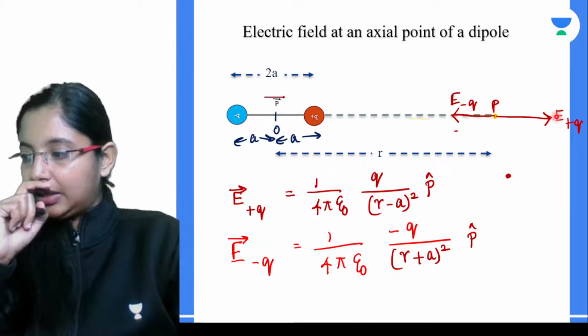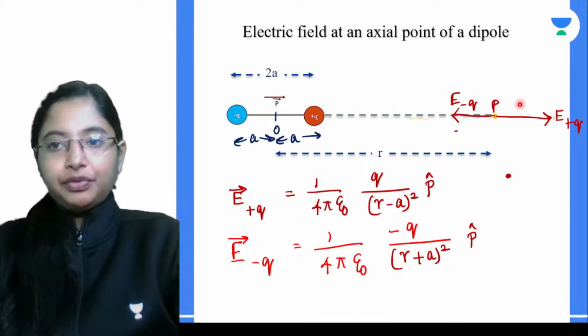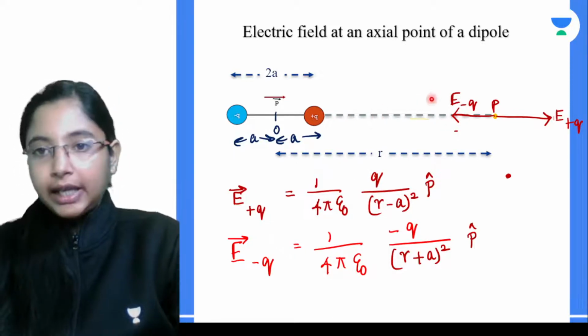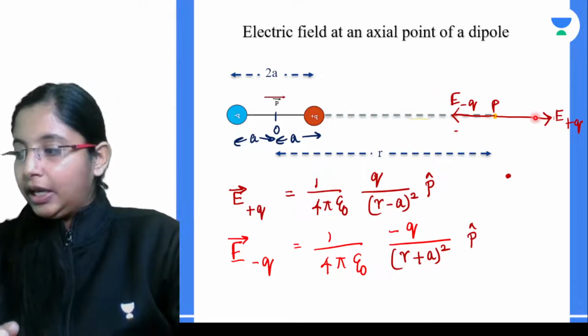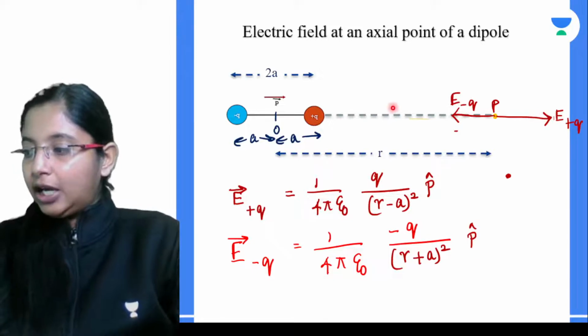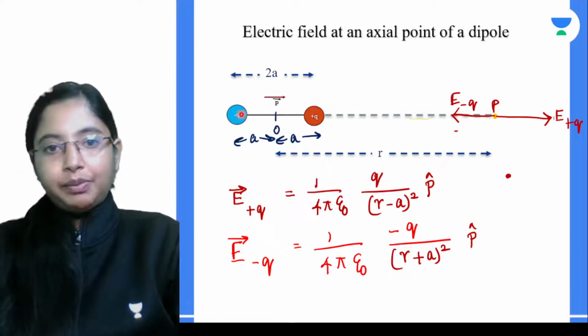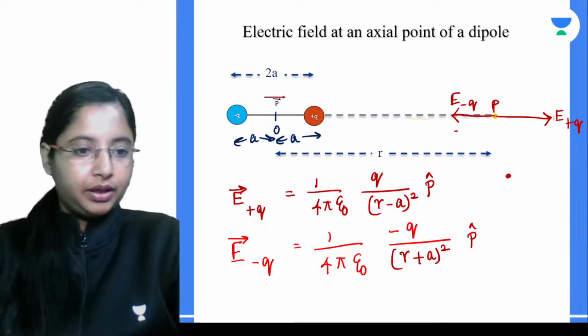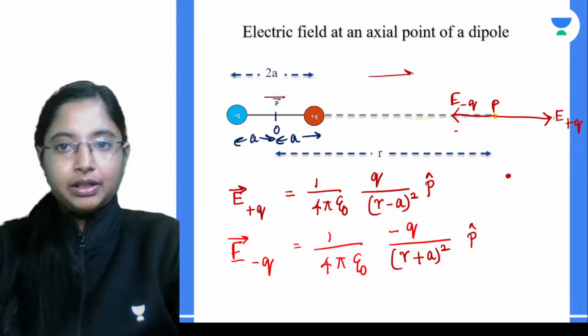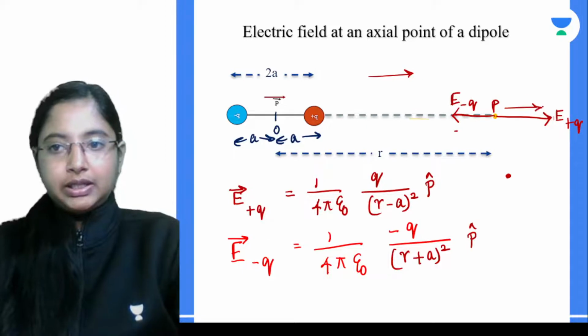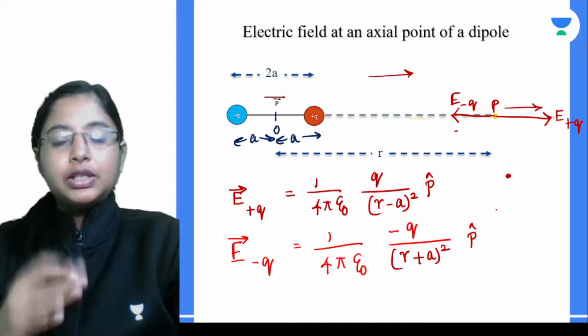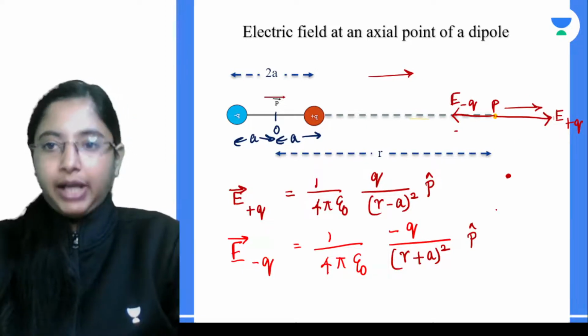The electric field at any axial point will act along the dipole axis from negative to positive. It will always be in this direction. So this is electric field at an axial point of a dipole.